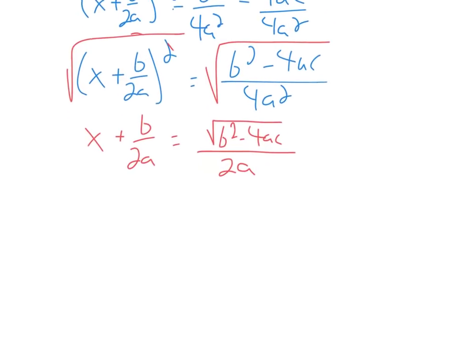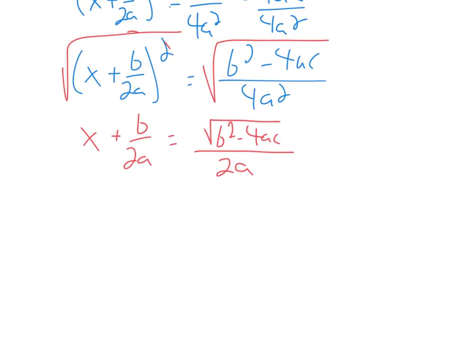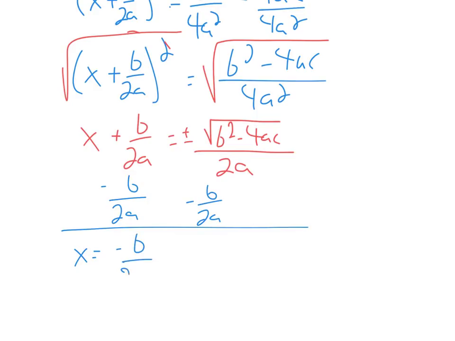And then don't forget, as we talked about when we solved by taking the square root, we're going to have that plus or minus in front. And then we're going to subtract b over 2a. And you get x equals negative b over 2a plus or minus the square root of b squared minus 4ac all over 2a.